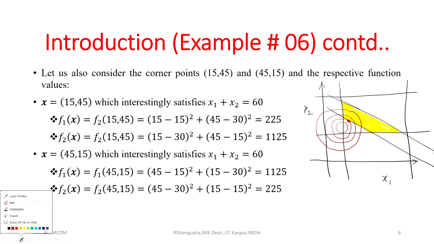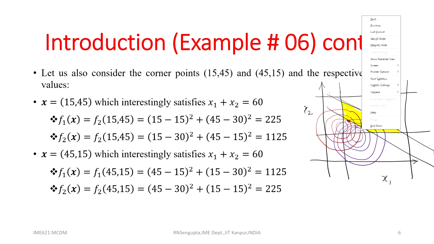And the second set of circles increases like this. I am trying to draw it as nicely as possible; maybe the other diagram gives you that idea. For the case when I optimize only f2, the point is here.